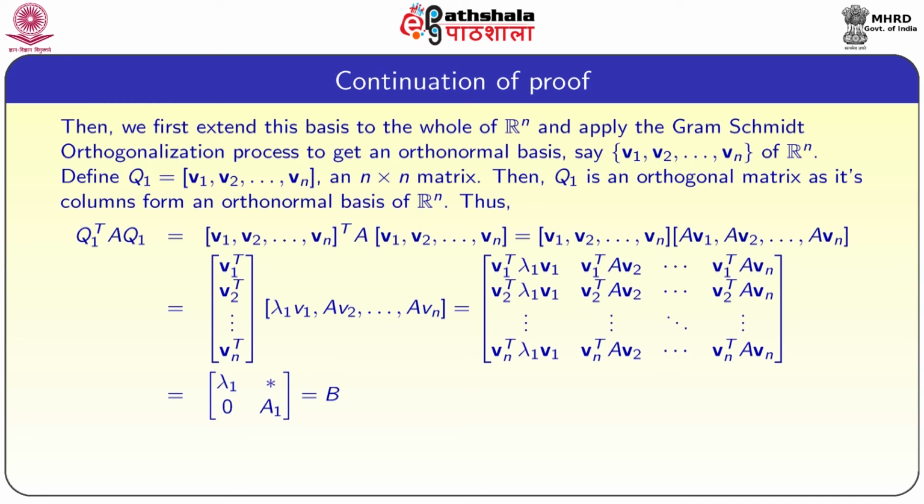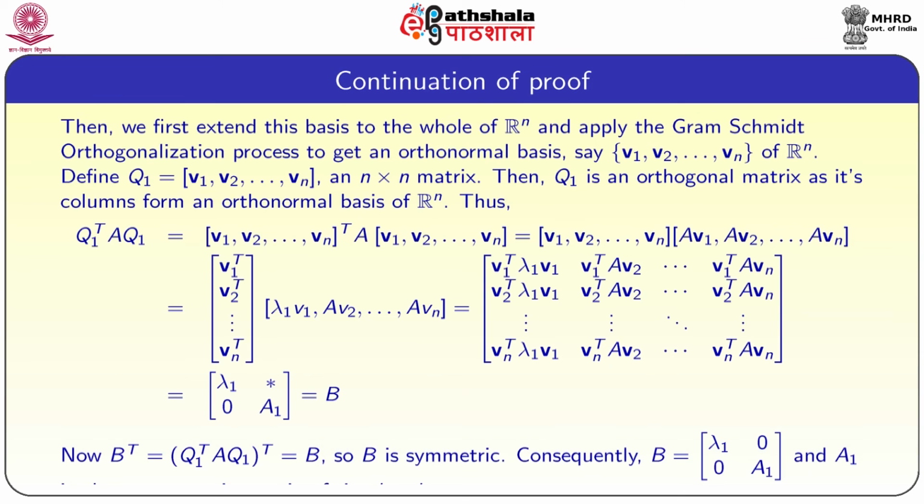So, the first entry in this matrix Q1 transpose A Q1 is lambda 1, the rest of that row may be any entries, but the column below lambda 1 is 0, and the remaining block is A1.